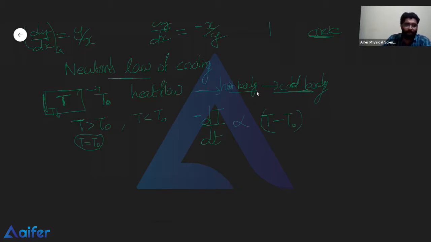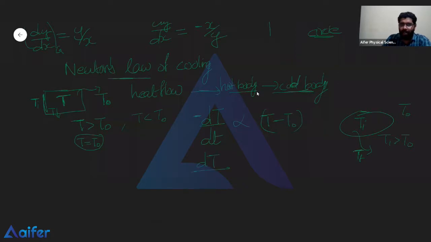Suppose initially the body has some temperature Ti and the surrounding temperature is T0, with the condition Ti greater than T0. Heat will flow from the body to the surroundings, and after some time the temperature of the body will fall to Tf because heat flows out. Now I would like to integrate this.